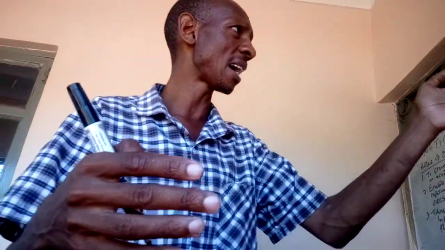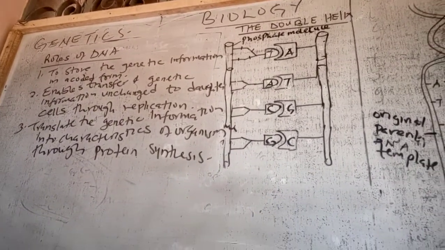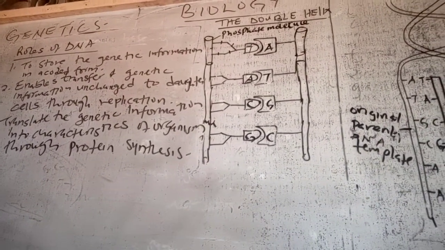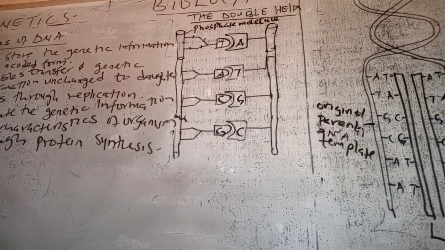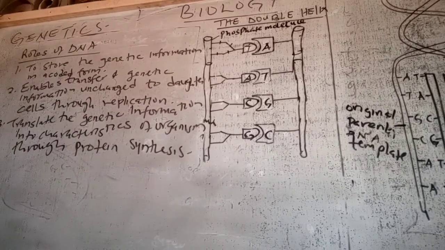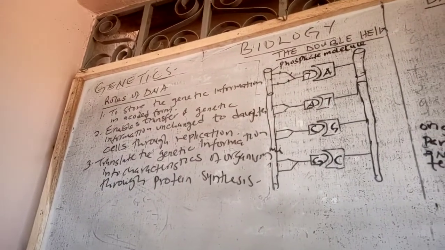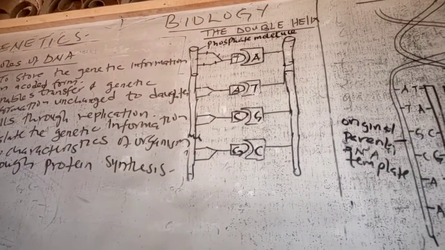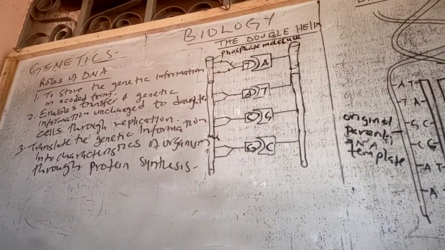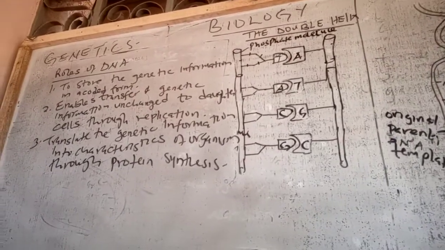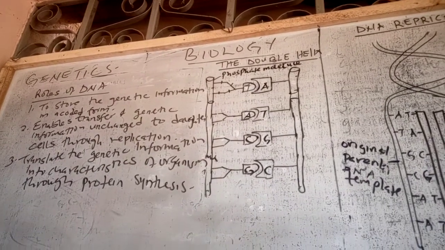We are going to come up with another type of nucleic acid, formed so that it can facilitate the relaying of the information from the nucleus to the cytoplasm, especially where the ribosome is found, so that protein synthesis can start. The second type of nucleic acid is called RNA.